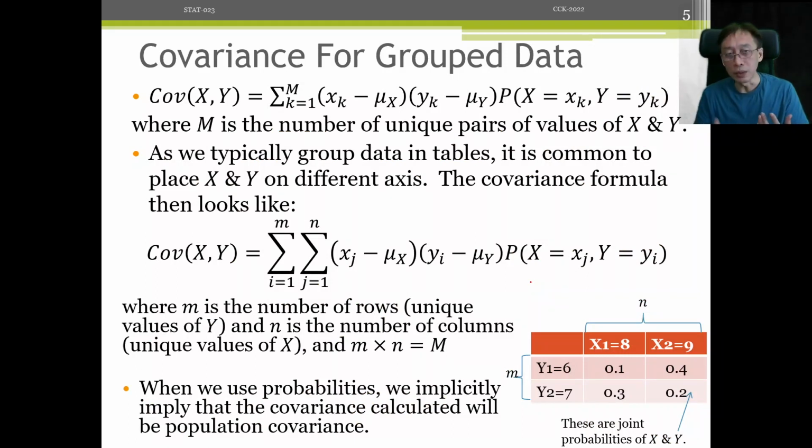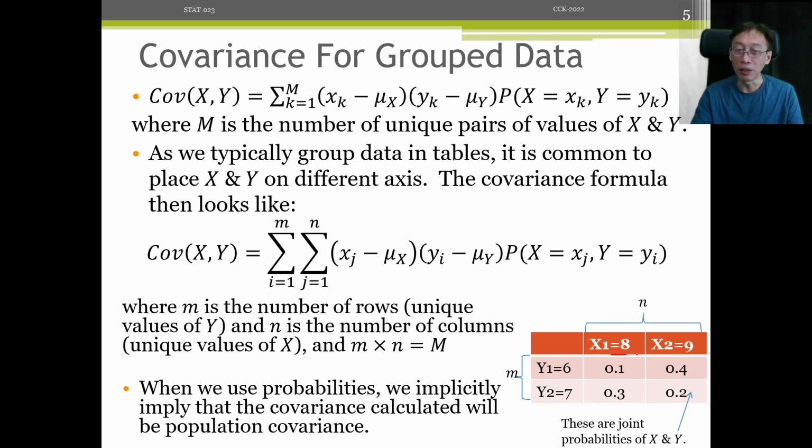But if it is grouped data, it will be likely grouped because the numbers are huge. So maybe it's 10 million pairs of data, right? So in that case, to present to you that 10 million, I'm just exaggerating the quantity, sets of data, usually it'll be in tabular form, in a table like this, right?